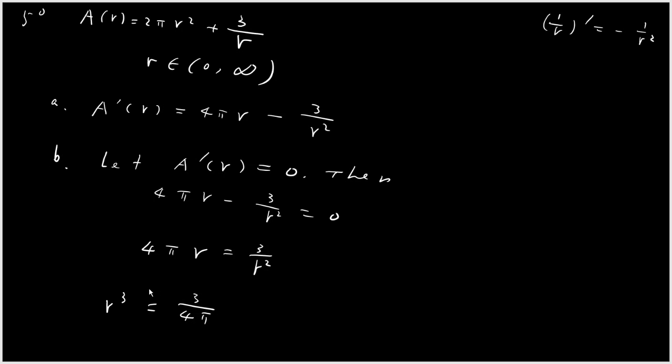If you want me to write the whole thing in 2 steps: cross multiply, 4 pi r cubed equals 3, and so r cubed equals 3 over 4 pi, and then r equals the cube root of 3 over 4 pi.